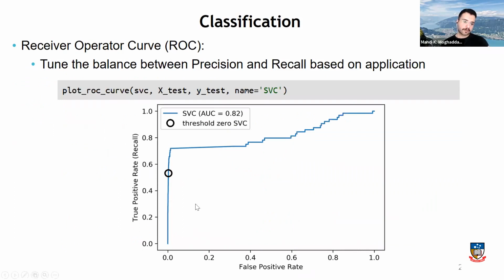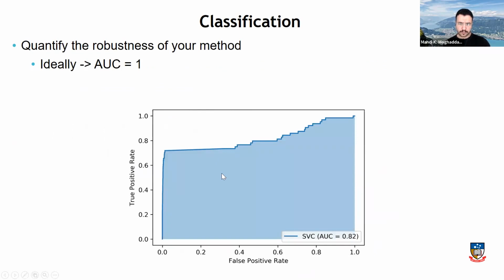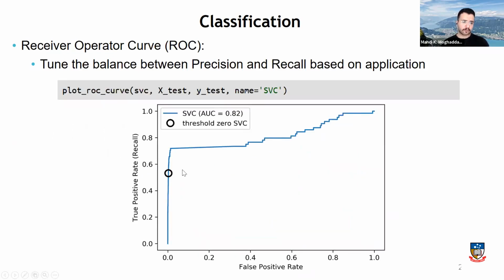So if you increase that threshold, ideally, what would happen is that as you get a higher true positive rate, you would also see an increase in the false positive rate, which is not a good thing. So ideally, you want to have high true positive without having basically very high false positive values. So you want to stay around here, that you have like 100% true positive rate, where your false positive is still around basically zero, as close as possible.